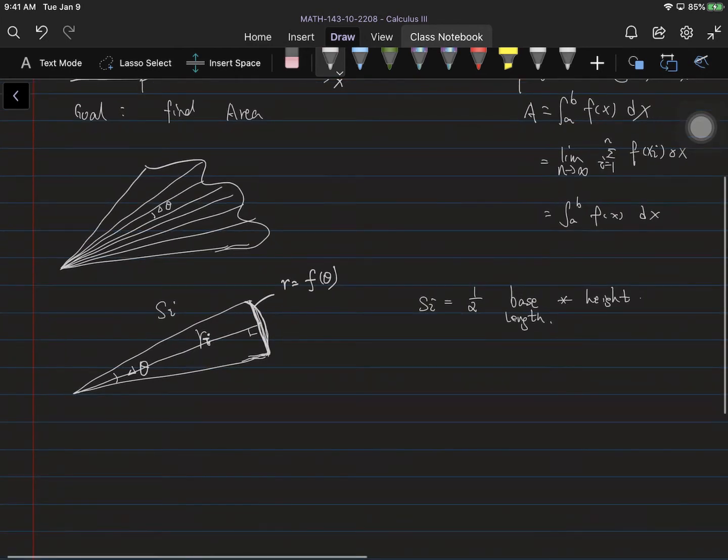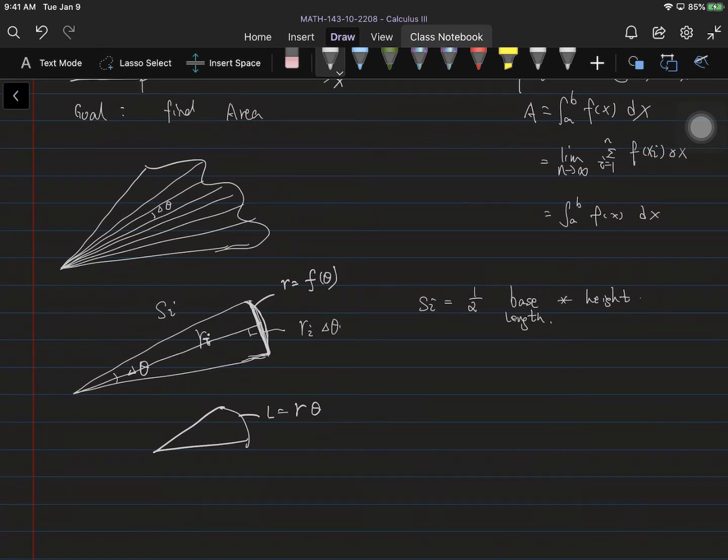And let's see what's the base. For a fan shape, before we learned that the length L equals r theta, right? So this is the formula for L. So here the base length is ri times, and what's theta here?